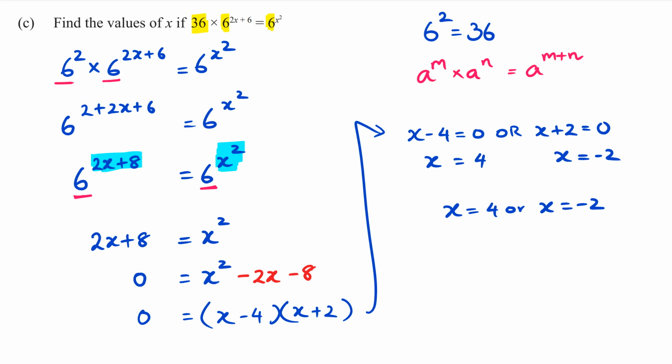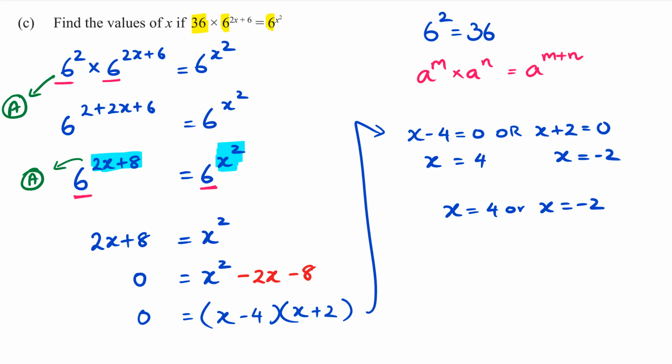All right, let's have a look at grades, because for Achieved, there are quite a few things that you could potentially have done. This part right here, just writing 36 as 6 squared, gets you an Achieved grade. Simplifies indices on the left hand side. Even if you mess that up but still do some kind of simplification, that could end up getting an Achieved.